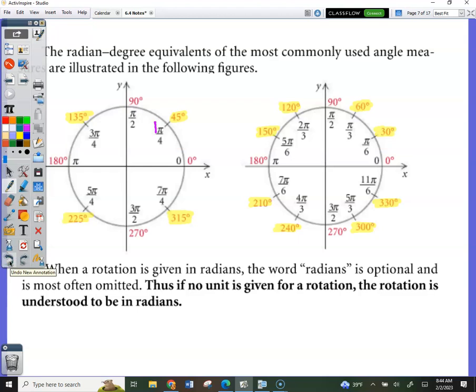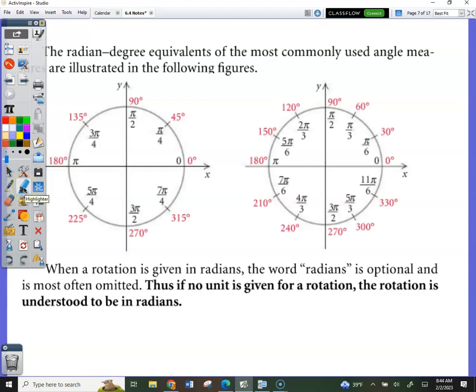Reduce the fraction. 3 pi over 4, 4 pi over 4, which reduces to pi, 5 pi over 4, 6 pi over 4, which reduces to 3 pi over 2, 7 pi over 4, 8 pi over 4, which reduces to 2 pi. You see that? It's just counting and reducing the fractions every time. And that's where we're going. I'm kind of laying the groundwork for it.